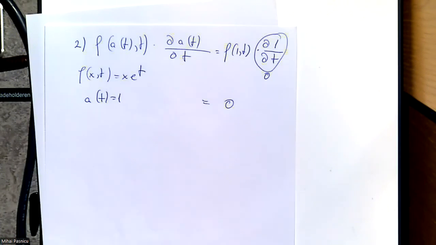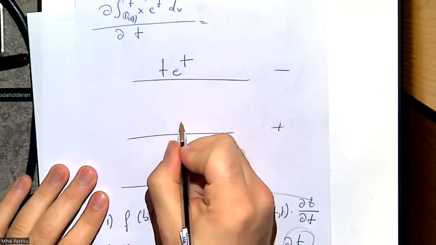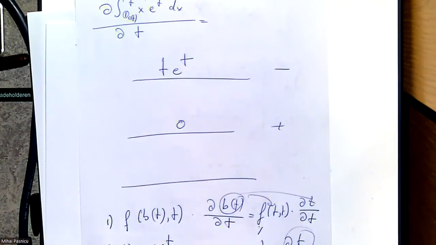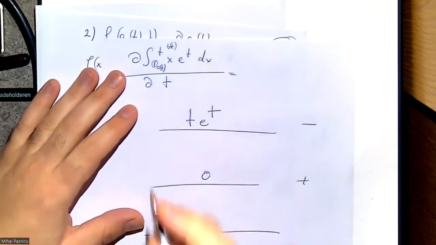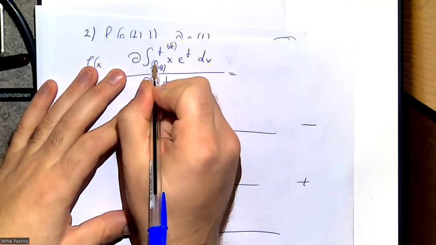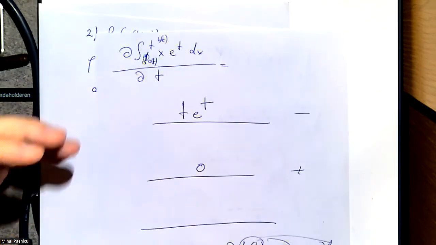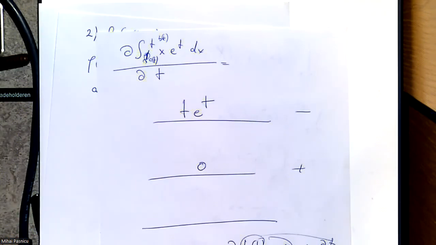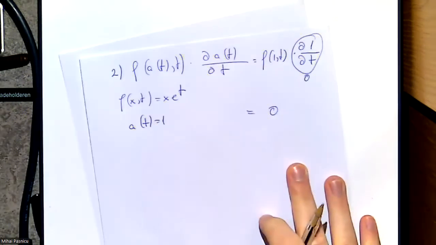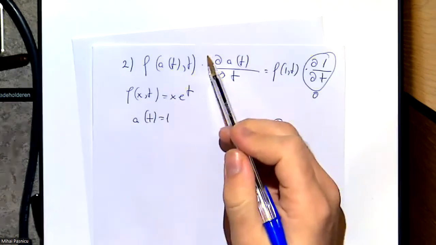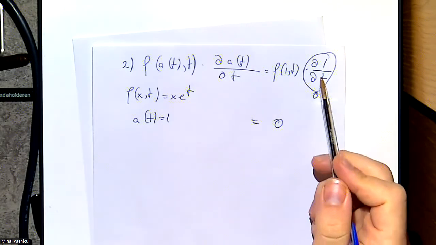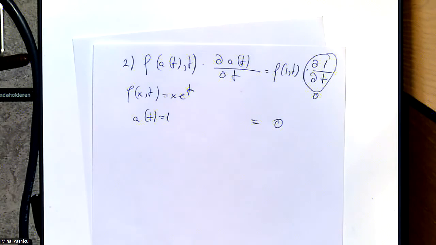So my second term is just 0. Again, the logic was that in this case, my a(t) is 1. That's my a(t), and a(t) is a constant. So when I apply the formula for the second term, I get the derivative of a(t) with respect to t, which is just the derivative of 1 with respect to t. That's 0, and that's why my second term is all 0.